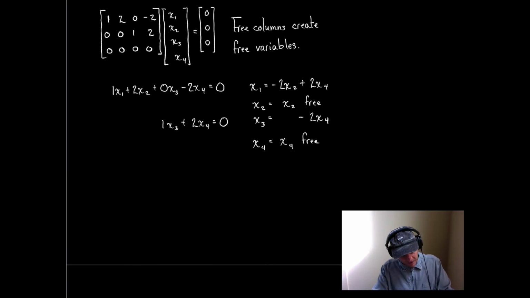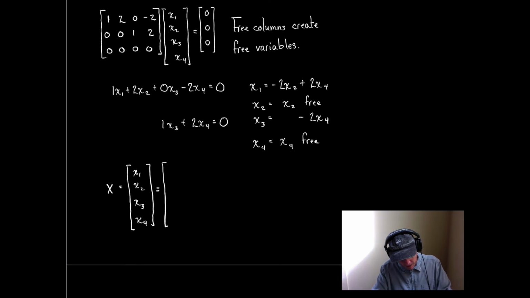So what we said is that the vector x is equal to, and let's write out the problem, x1, x2, x3, and then x4. Okay, well, look up above. Looking up above, we have x1 is minus 2x2 plus 2x4.